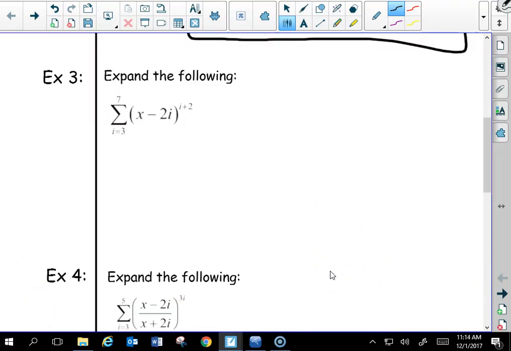Okay. Same idea. This one's a little bit different. We're going to start with an index of 3, and we're going to count till 7.